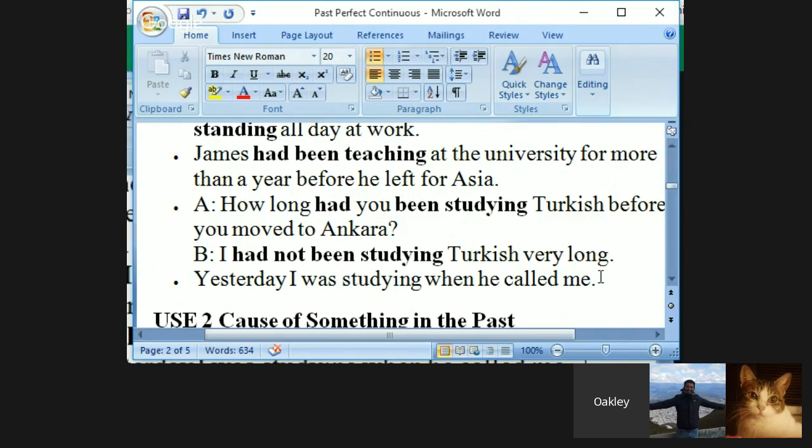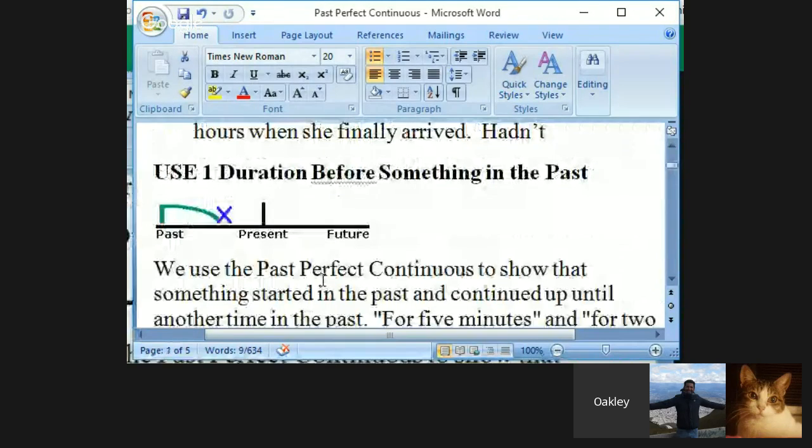Now, okay, this is fine, but this is past continuous, not past perfect continuous, to show an interrupting action. What's the difference? In your sentence, you did not use past perfect. So your sentence is correct, but it's not using past perfect continuous.